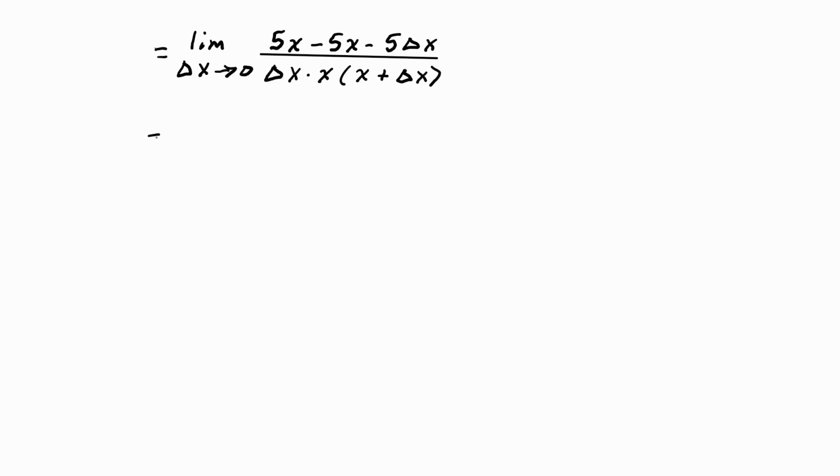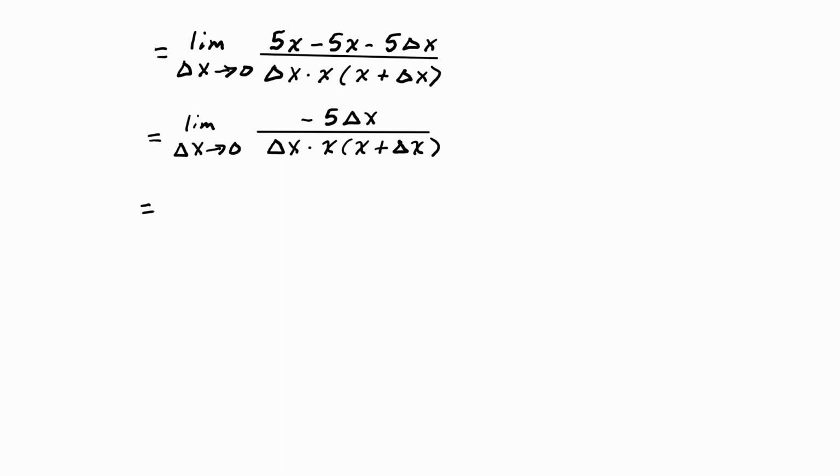Continuing to simplify, we get the limit as delta x goes to 0. In the numerator, 5x and minus 5x will cancel, so we are left with negative 5 delta x. In the denominator, we have delta x times the quantity x plus delta x.